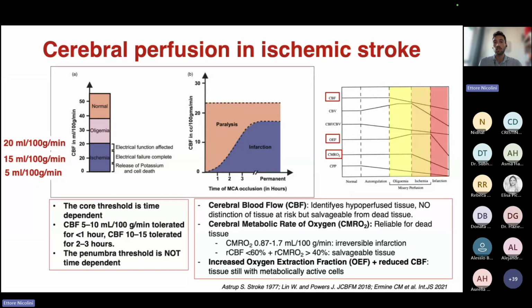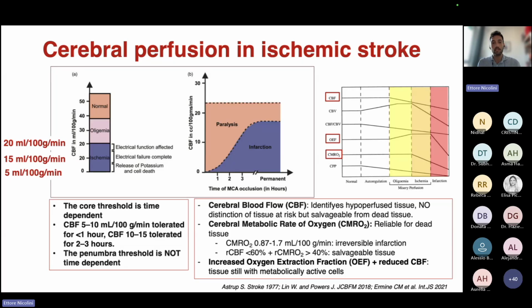This is because there are other parameters we need to consider when we are talking about ischemic tissue. Indeed, the most important one is the cerebral metabolic rate of oxygen, which determines the cellular function during ischemic stroke.